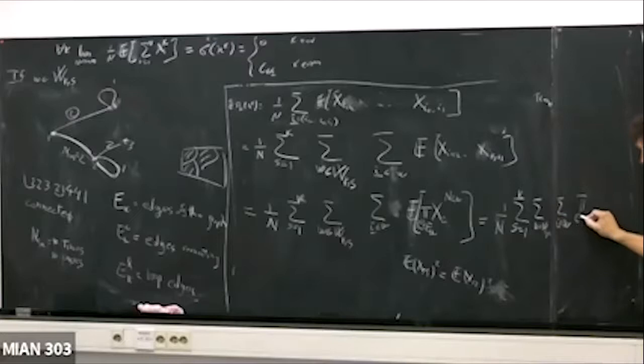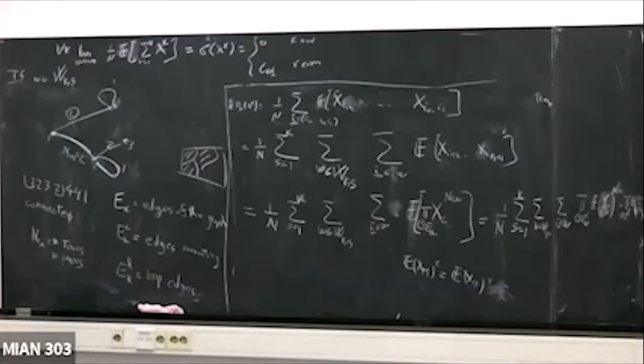So there is the product over the edges that are connecting of the expected value of x_e, but they all have the same distribution as y over square root of n, to the number of times I pass there, N_{e,w}, times the product over the edges that are loops of the expected value of z over square root of n to the N_{e,w}.